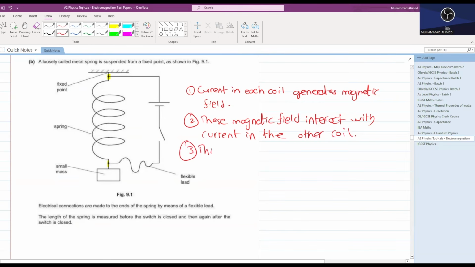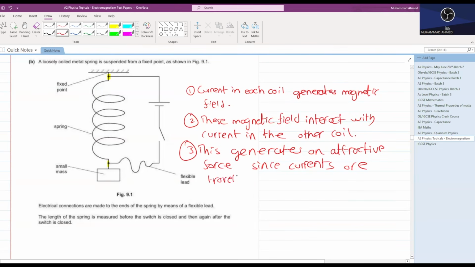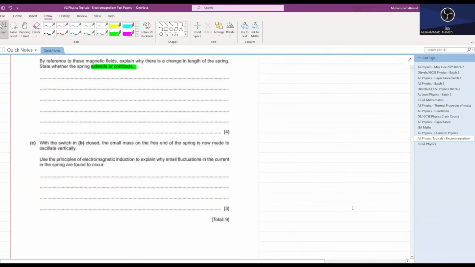This generates an attractive force. Why? Since currents are traveling in the same direction. And what will be your fourth point? Your fourth point will be: spring contracts. Simple as that. So you can write it here for the 4 marks.